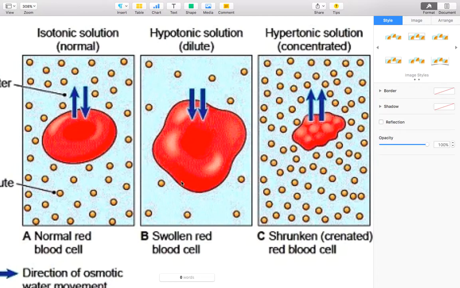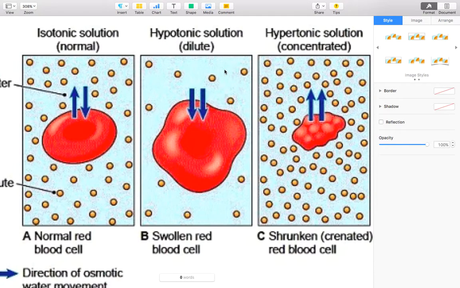Moving on, hypotonic. Hypotonic is when there are too many particles inside the cell and fewer outside. Hypotonic comes from the Greek word hypo, which means under, and tonos means stretching. Here we have a huge swollen red blood cell.